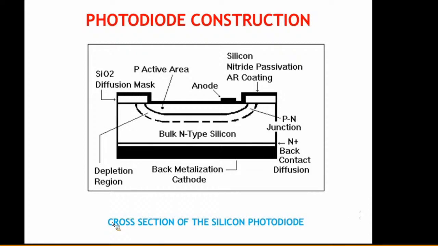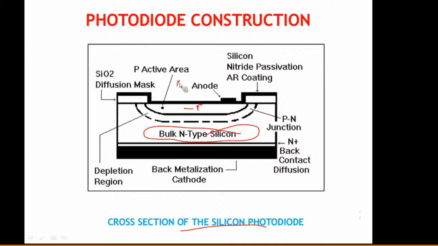Now, basically a photodiode is nothing but your PN junction diode. Where are the P-type material, N-type material and extra materials we are using to construct a photodiode? See, this is a cross-section of your silicon photodiode. This is a bulk N-type silicon, nothing but your N-type material. This portion is your P-type material.